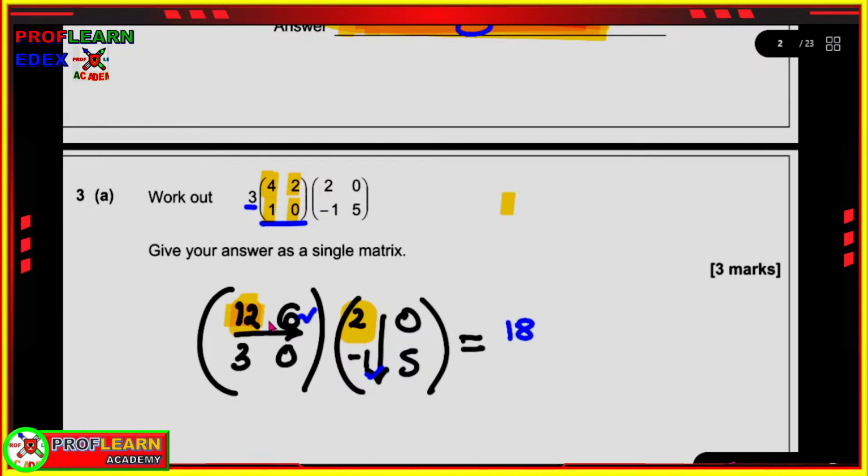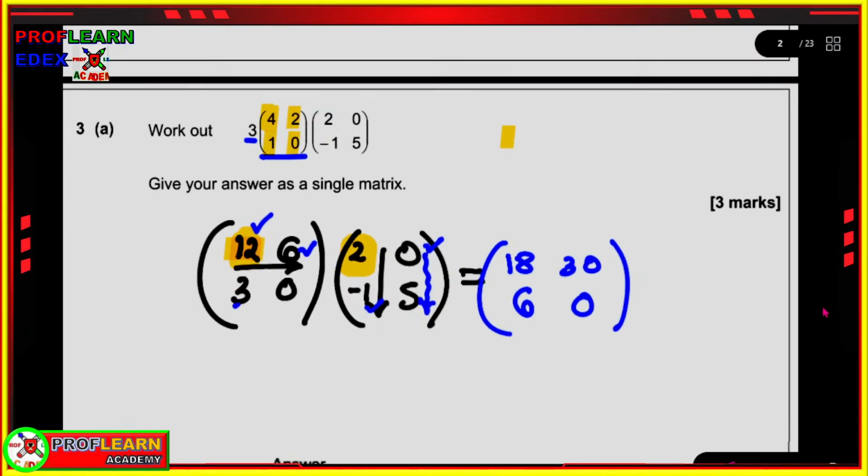Again, 12 times this column now. I'm multiplying 12 times 0 plus 6 times 5. This is going to give us 30. 3 times 2, 6, plus 0 times negative 1, so this is going to be 6. 3 times 0, 0 times 5, this is going to be 0 at that point.